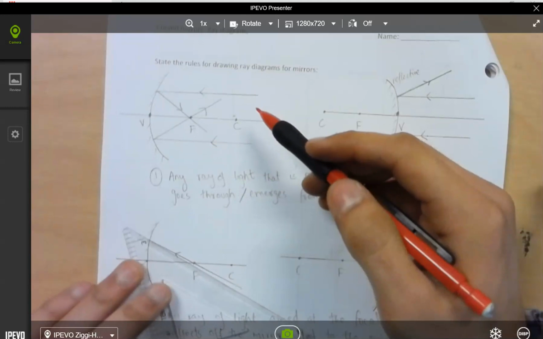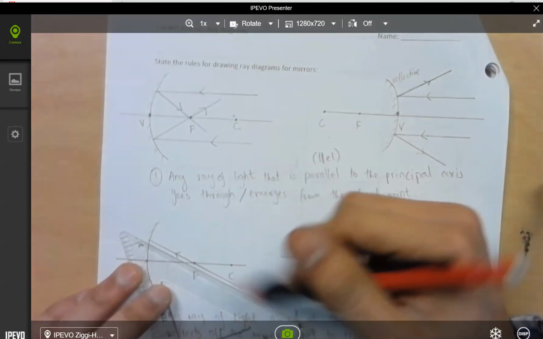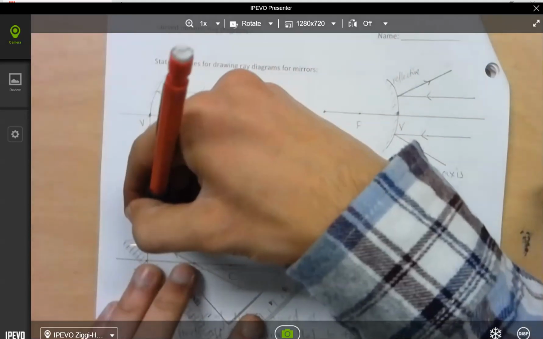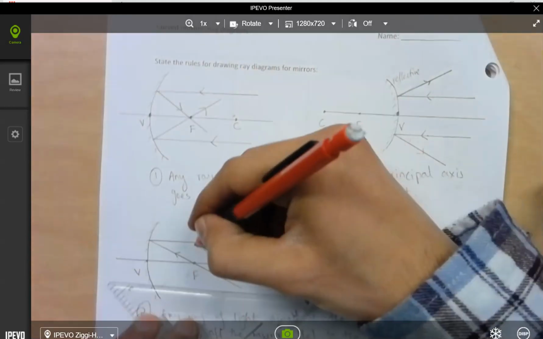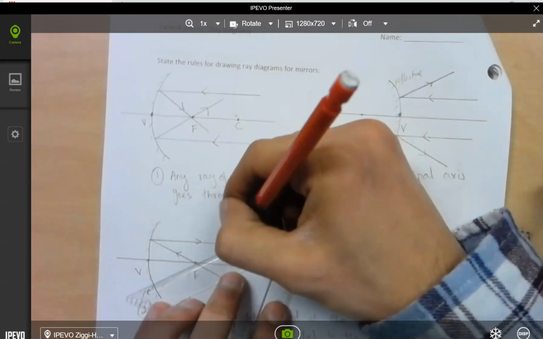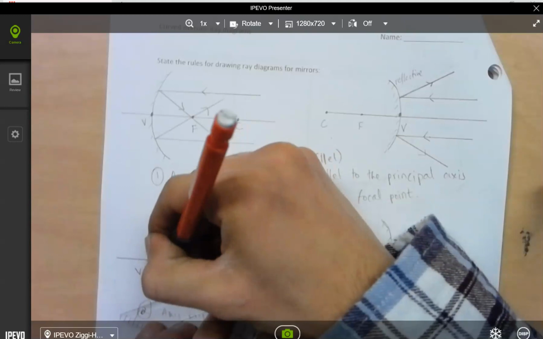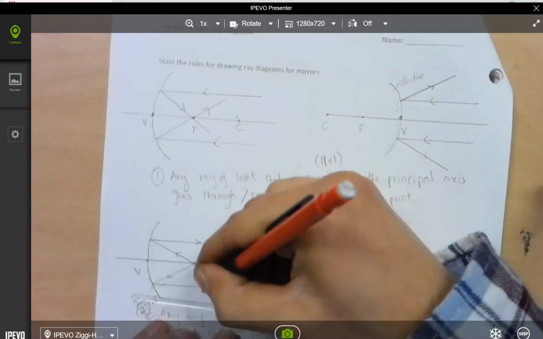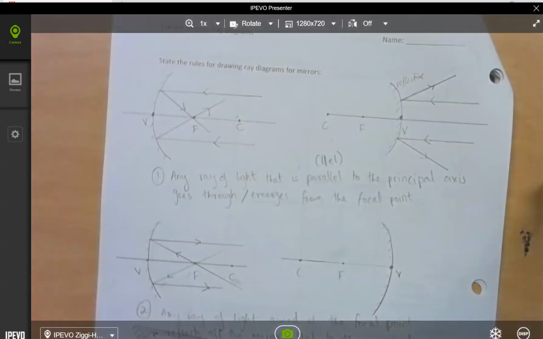Here the incident ray is passing through the focal point, like this. And once it hits the mirror, it bounces off parallel to the principal axis. So you can draw another one that's going down. This bounces off parallel to the principal axis.